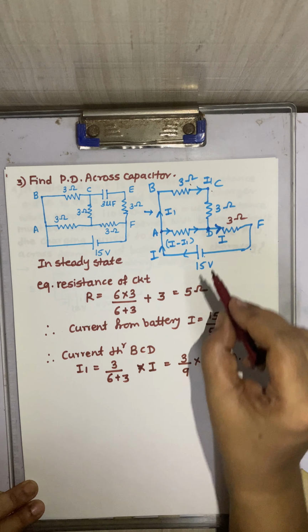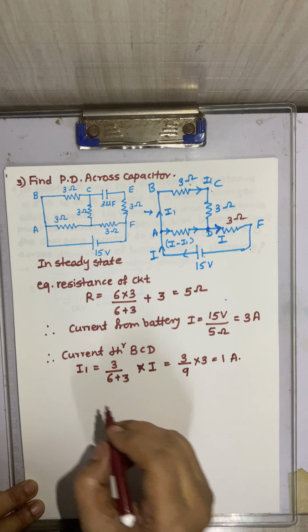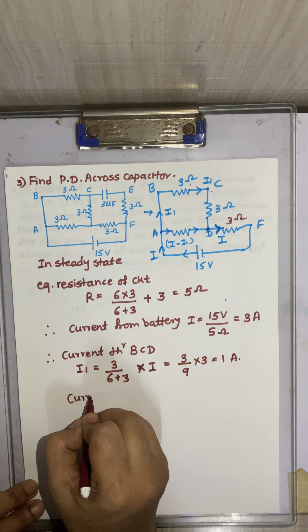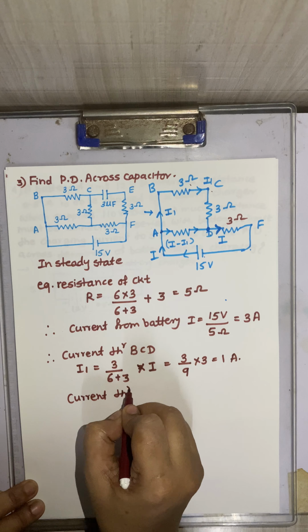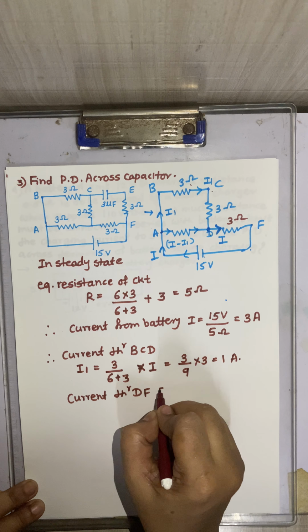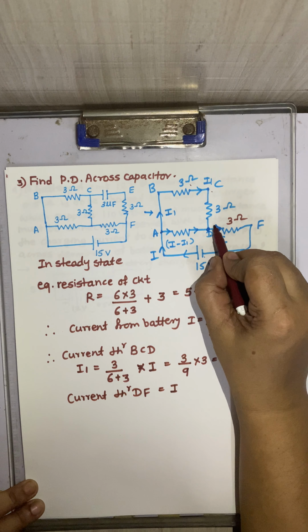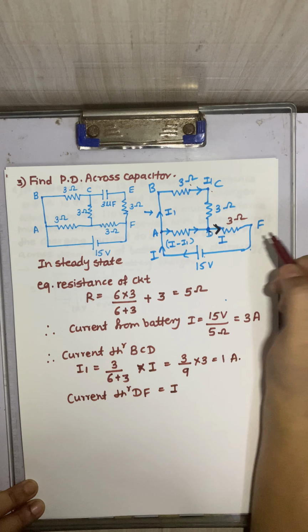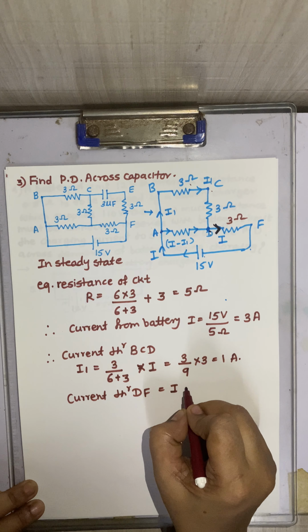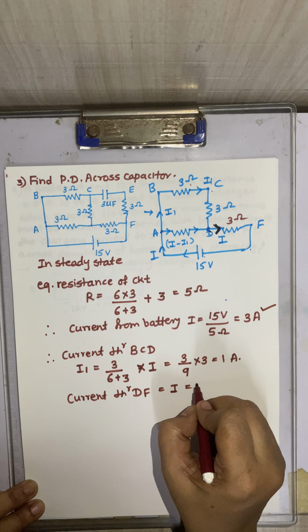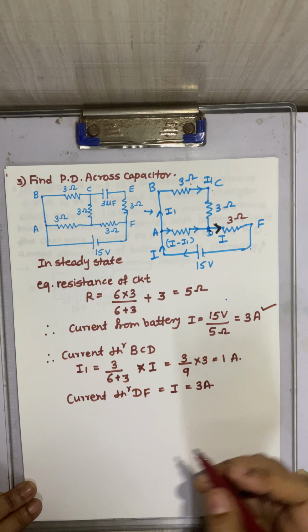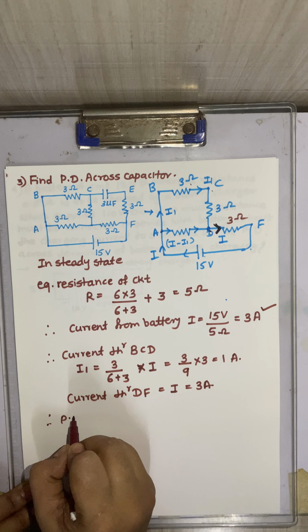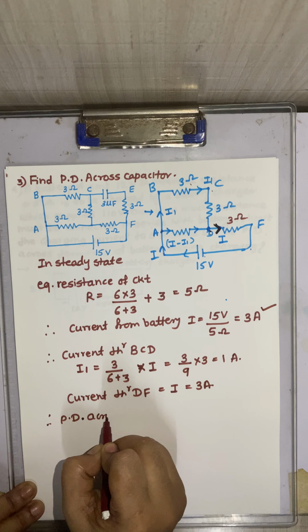Now the current through the arm DF we want to find out. Current through DF is equal to I, because from this point you can see that from D to F the current I is flowing. So the main current, that is 3 ampere, is flowing. Therefore I want to find out the potential difference across the capacitor.